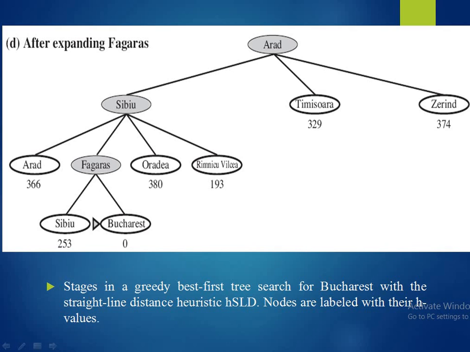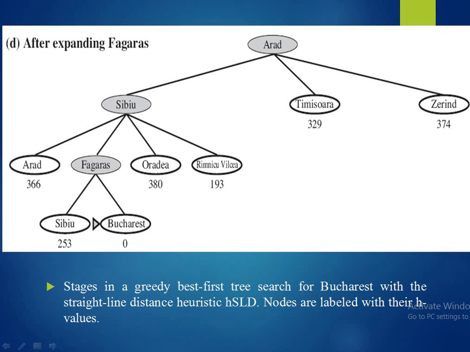From Făgăraș there are two cities to reach Bucharest: directly to Bucharest, and through Sibiu. Sibiu has 253 and Bucharest it is 0. So we can reach Bucharest directly from Făgăraș.